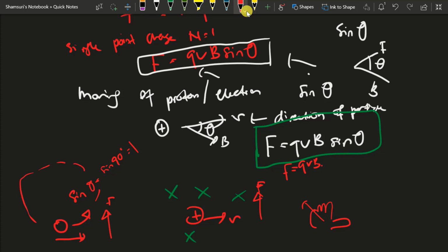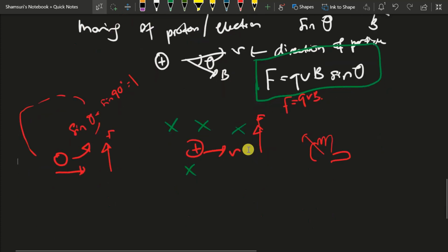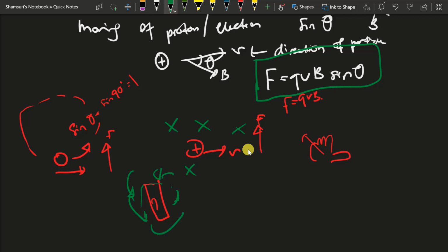That's why, in this condition, when you have the current moving in this direction and the magnetic field moving in this direction, it's really because of this part.